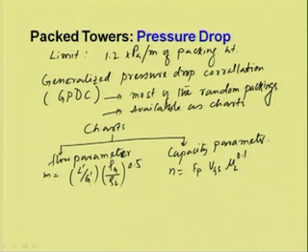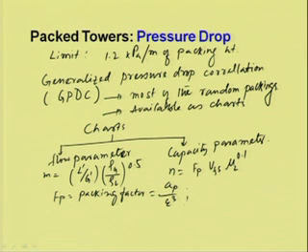L and G are the liquid and gas flow rates. Rho G and rho L are the densities of the gas and liquid. F P is the packing factor, which is A P by epsilon cube, where A P is the packing interfacial area and epsilon is the porosity or void fraction.